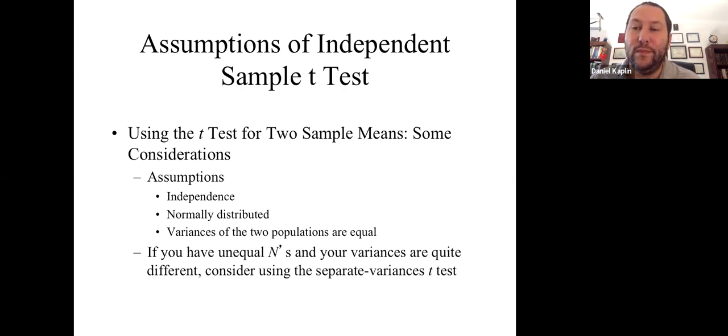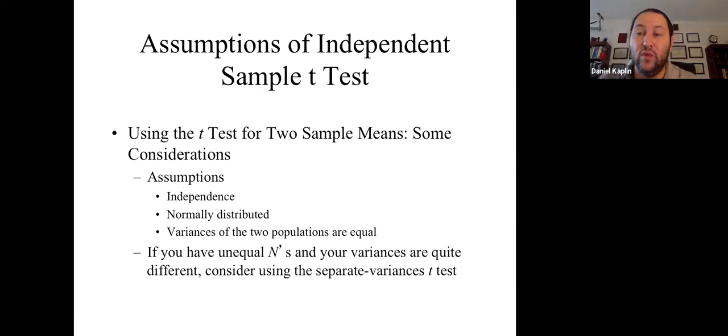We assume that there is a normal distribution, which means that both of our samples have a bell-shaped curve. And then we assume that the variances of these two populations or groups are equal.